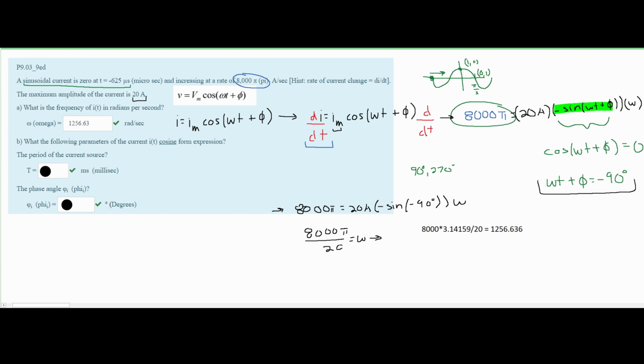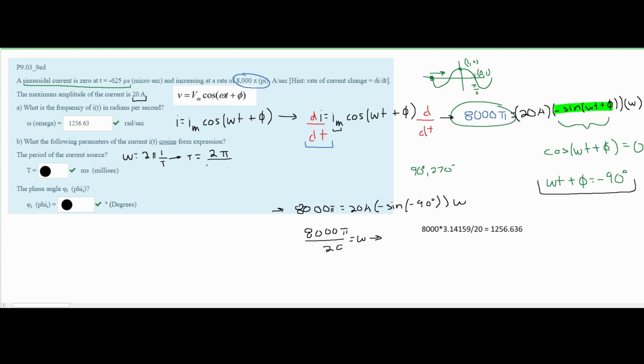Now we are going to look at the period of our current source. In the notes linked below, we know the period formula is that omega is equal to 2 pi times the frequency, and we can substitute frequency with 1 over the period. So we can rewrite this as the period, uppercase T, is equal to 2 pi divided by omega.